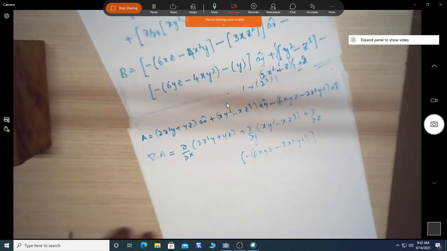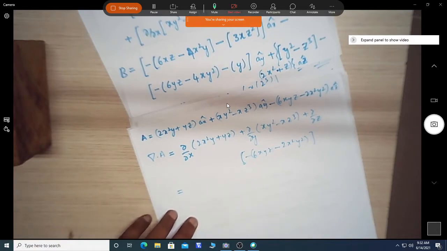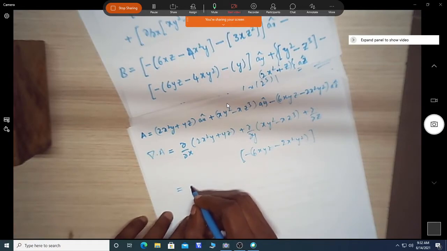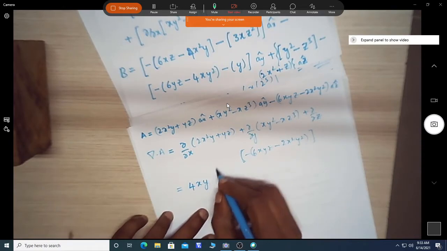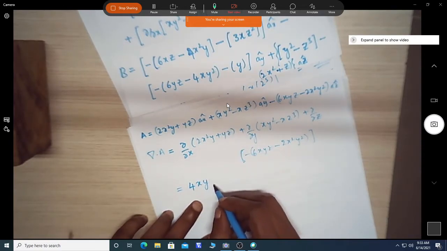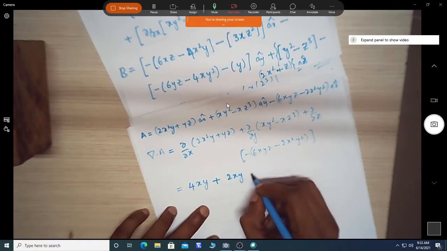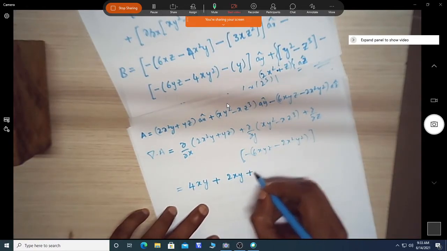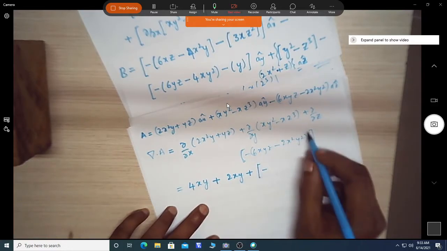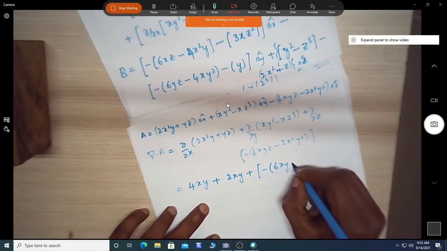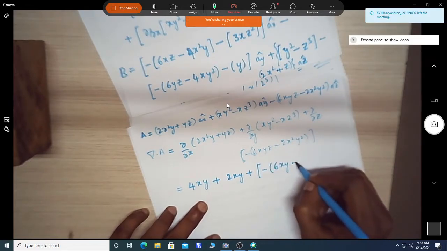Differentiating with respect to x we get 4xy, and the yz term goes to 0. With respect to y we get 2xy, and this goes to 0 again. With respect to z we get minus 6xy, and the other term goes to 0.